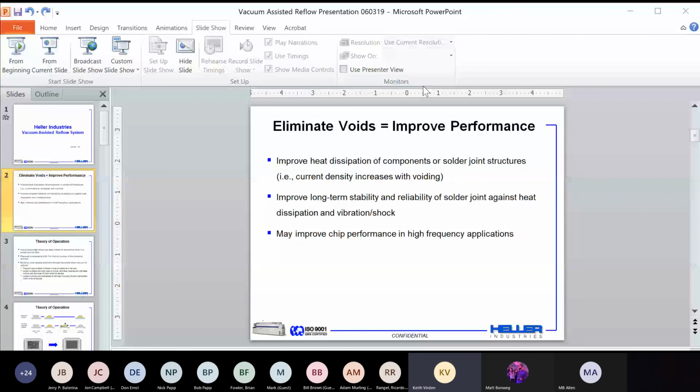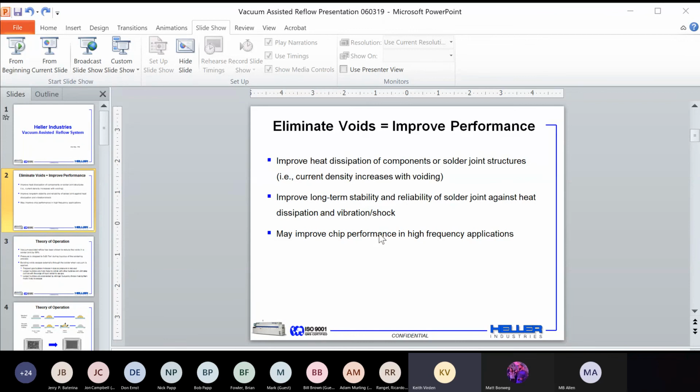What we find is that if you go to liquidus in this last convection zone, you bring the board into the vacuum chamber, you hold it at liquidus, and then you apply vacuum and remove the voids. You'll see this blue line, which shows the vacuum profile.